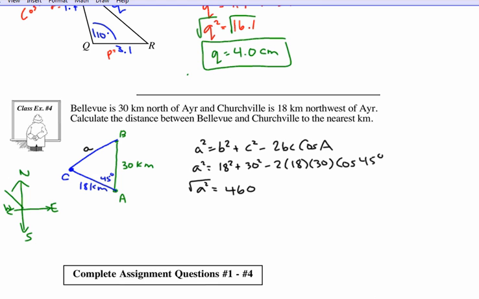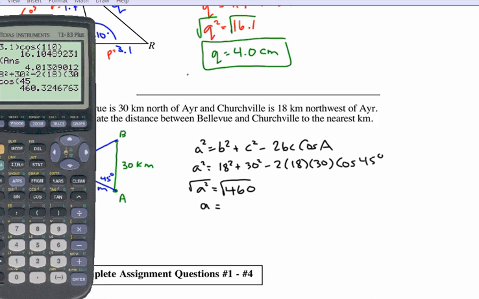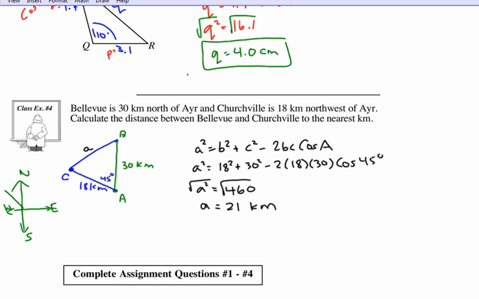We want to square root both sides, and therefore a is going to give us, to the nearest kilometer, 21 kilometers away.